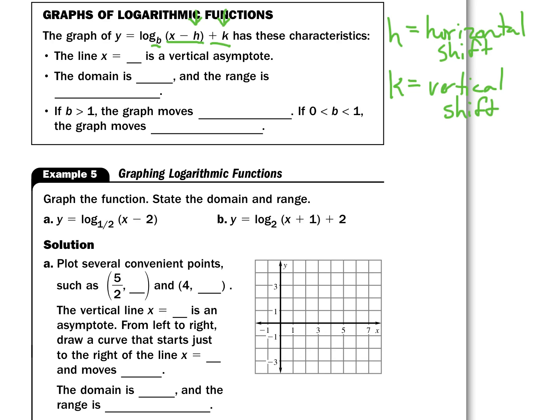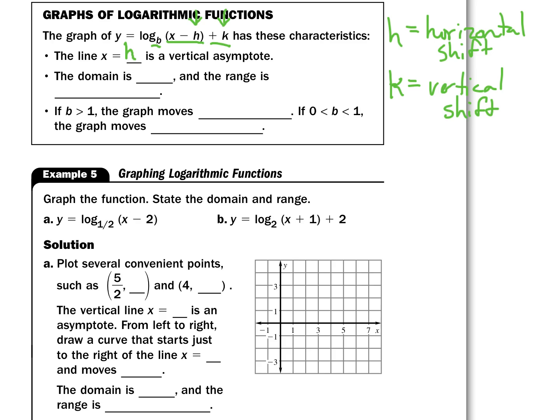Now, because a logarithmic function is an inverse of an exponential function, that means that now instead of having an asymptote at k, we're going to have an asymptote at x equals h. So instead of a horizontal asymptote like what we had in our exponential functions, we have a vertical asymptote for our logarithmic functions.